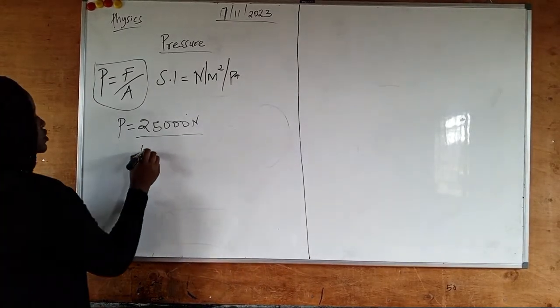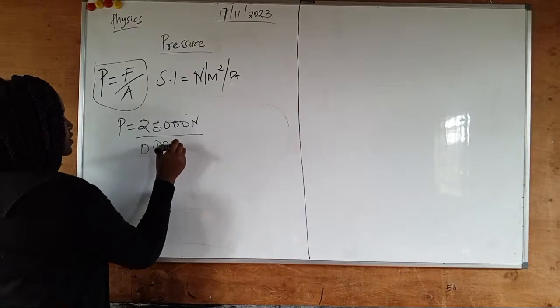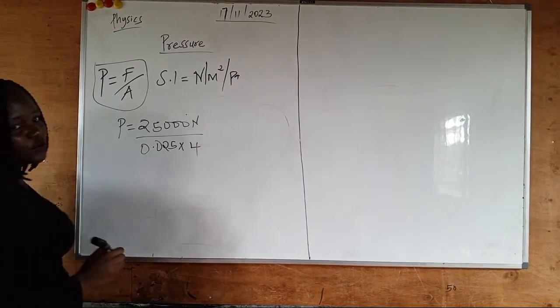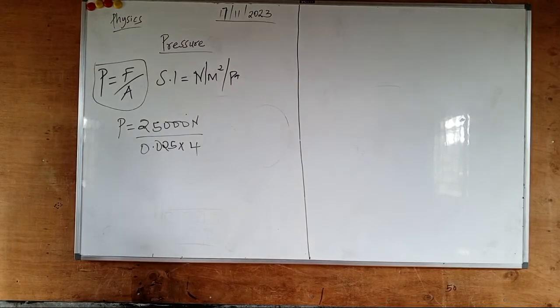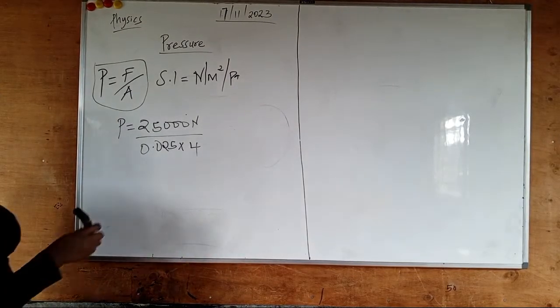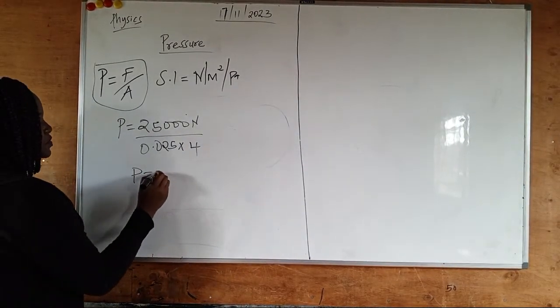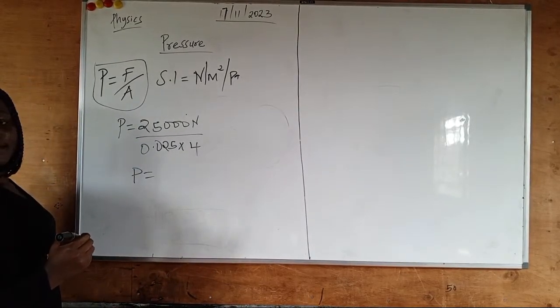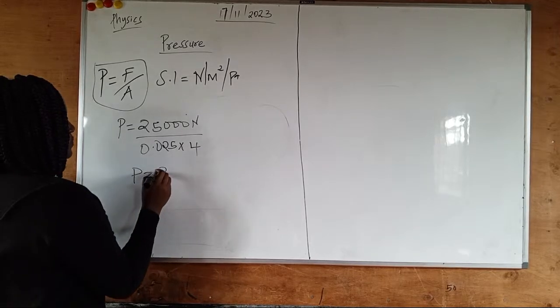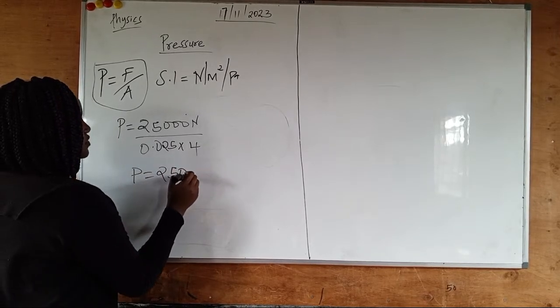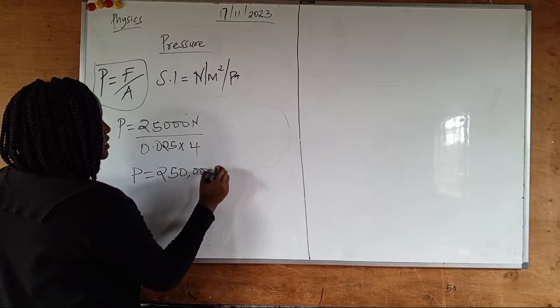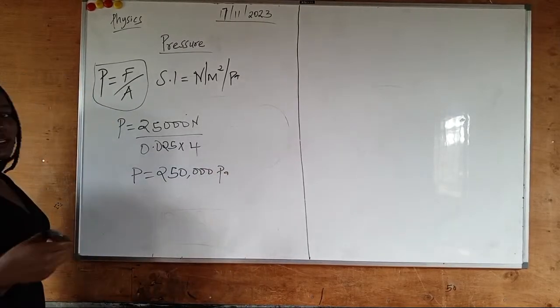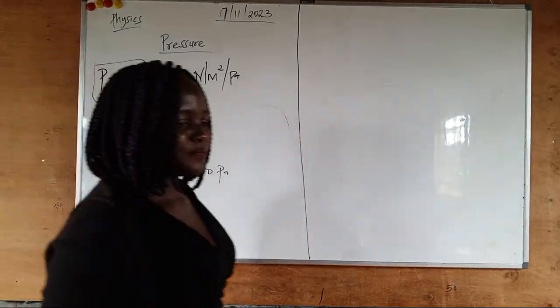So 0.025 multiplied by the four tires. So what do you get after that? 250,000. 250,000 what? Newton per meter square. Pascal is the same as newtons per meter square.